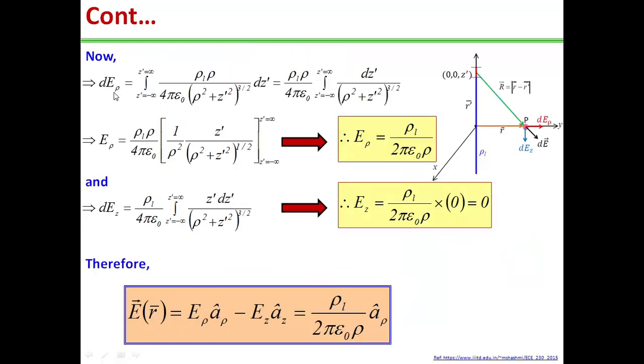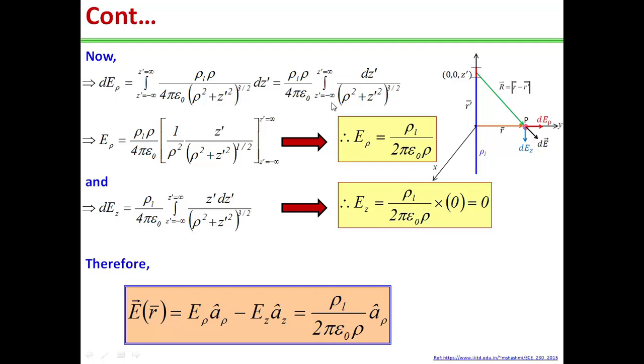For solving dE rho, we will integrate the given component over z' from minus infinity to plus infinity. So E rho can be written as the integration from minus infinity to plus infinity of rho L rho divided by 4 pi epsilon naught (rho square plus z' square) to the power 3 by 2 dz', and rho L rho divided by 4 pi epsilon naught is constant, so we can take it common.